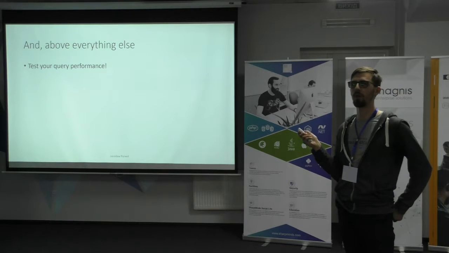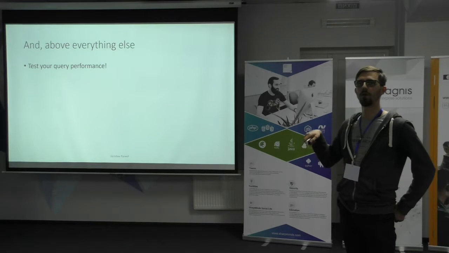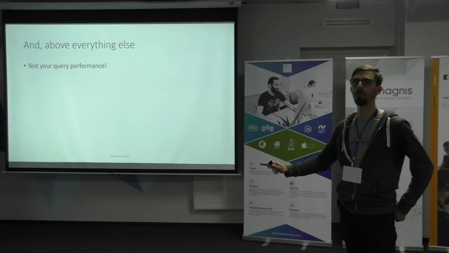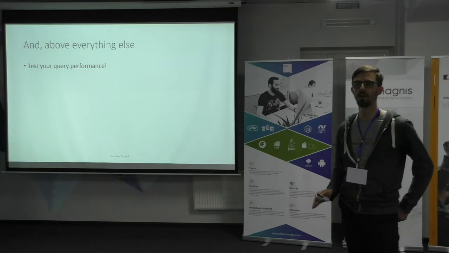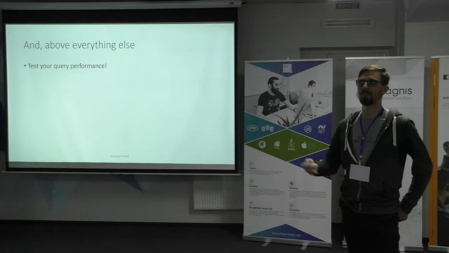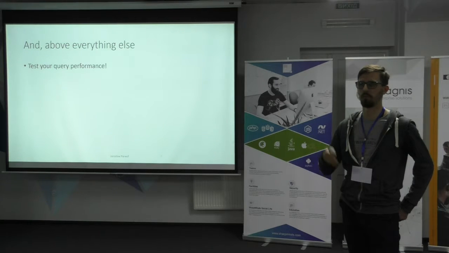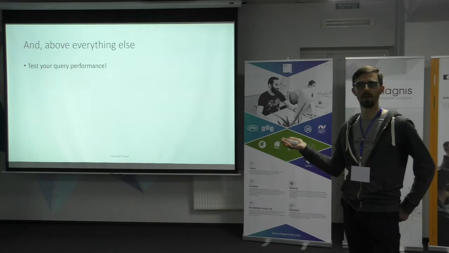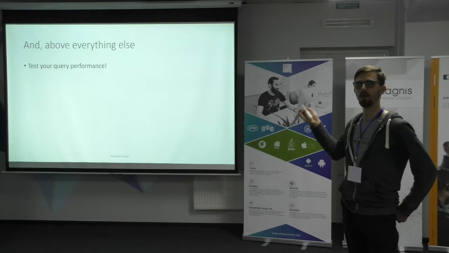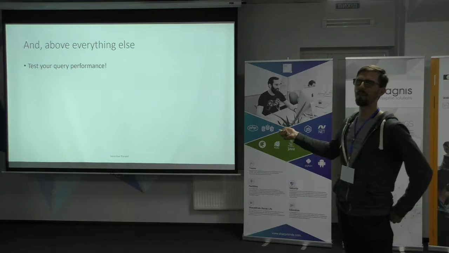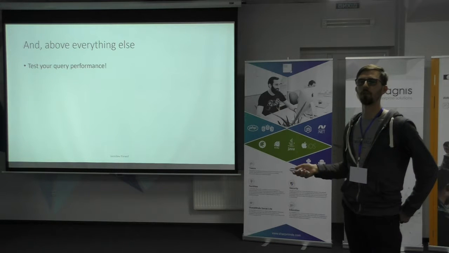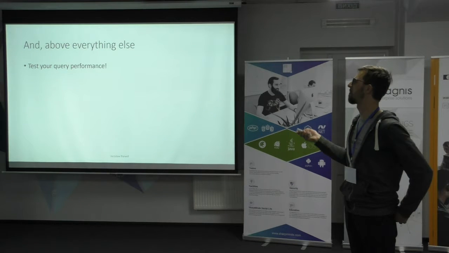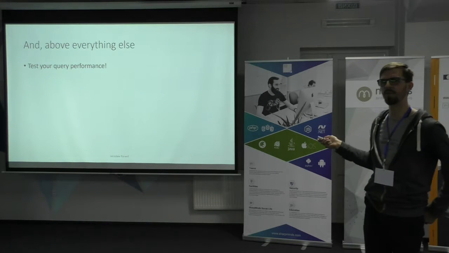Right? Test your query performance. Most of the problems in our application came down to some queries performing badly. They were performing superbly fast on our developer machines with our set of test data, which was orders of magnitude smaller than the actual data. So even if you think, well, this query is good enough, or I write the best queries, probably don't trust yourself, probably test those queries.